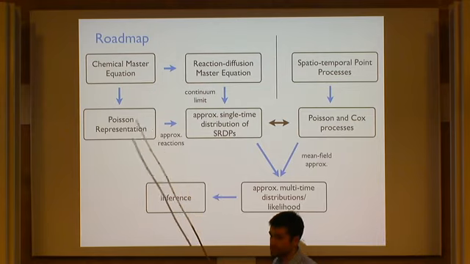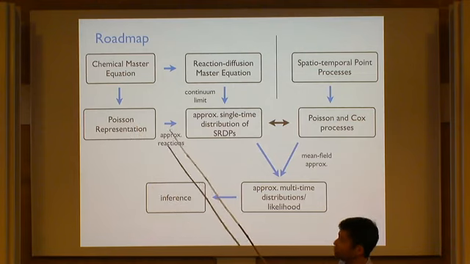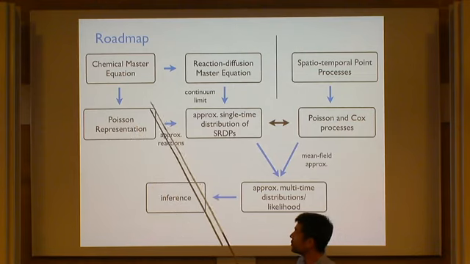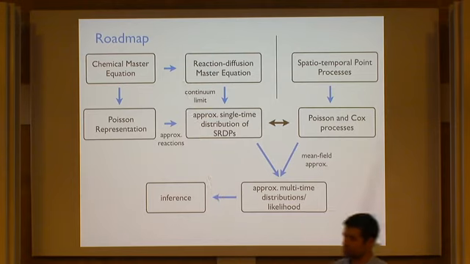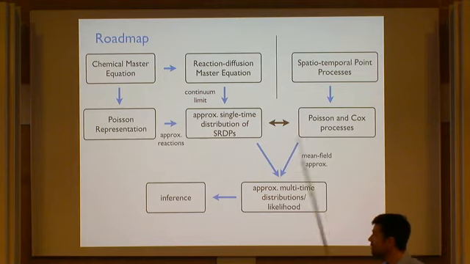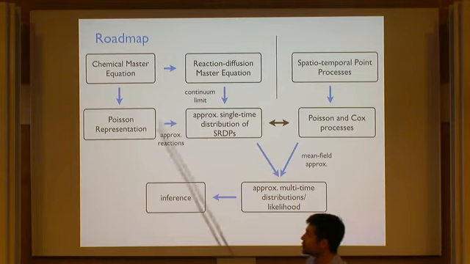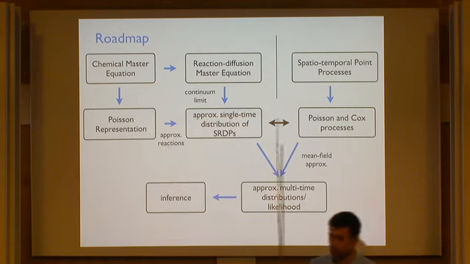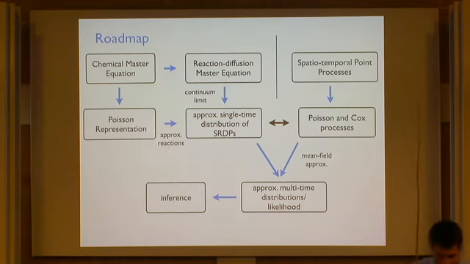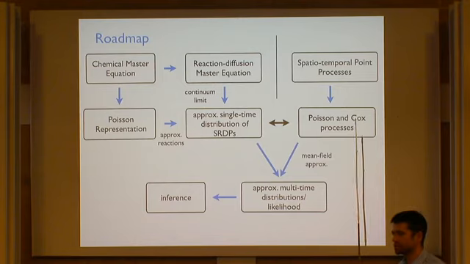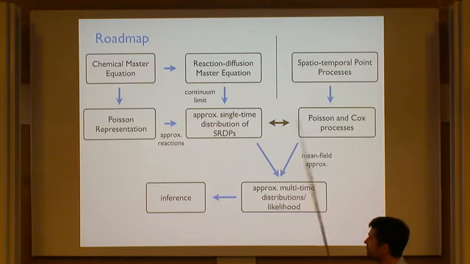You all know the chemical master equation. We will start from that one. To go to space, we will use the reaction-diffusion master equation, which you're probably also all familiar with, just a discretization of space. We will also use the Poisson representation of the chemical master equation, which maps the discrete problem, discrete particle numbers, to a continuous process.